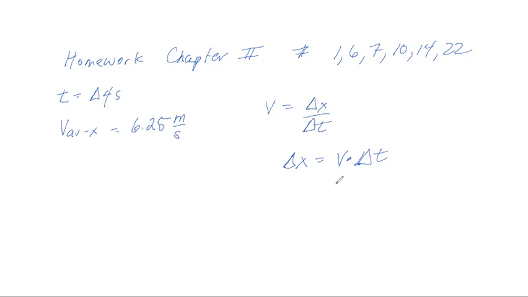This is going to be equal to 6.25 meters per second times 4 seconds, and that is 25 meters. The seconds will cancel and we'll get a unit of meters, and that's indeed the unit we're looking for.